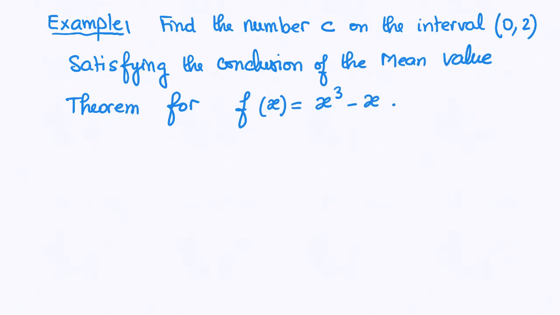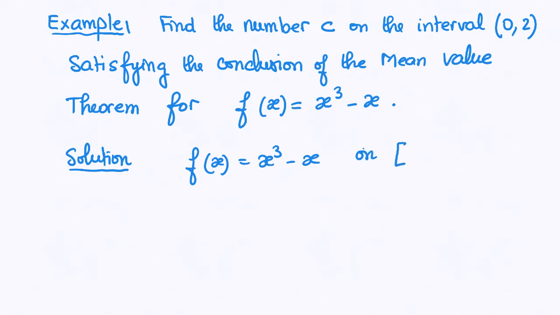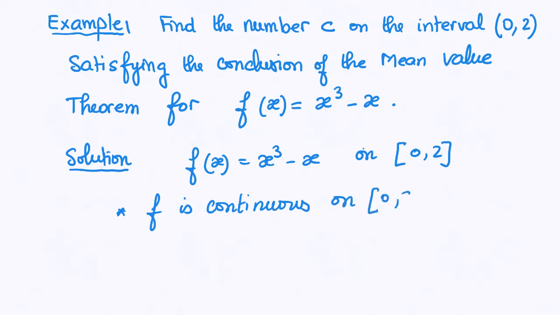So the solution to this is, of course, to consider the function f on the closed interval [0, 2]. Of course, f is continuous, there's no problem, it's a polynomial on the interval [0, 2].